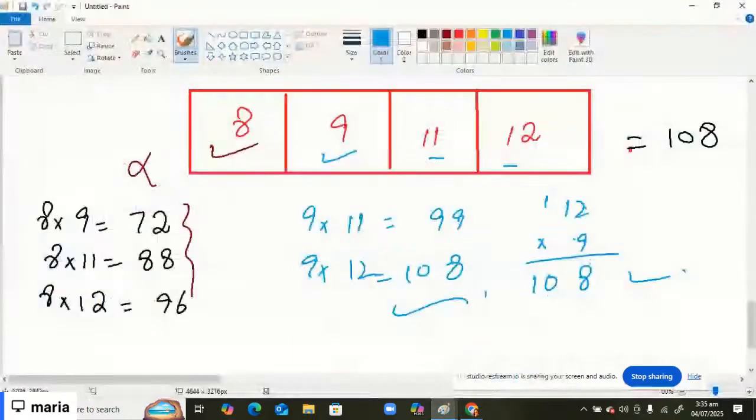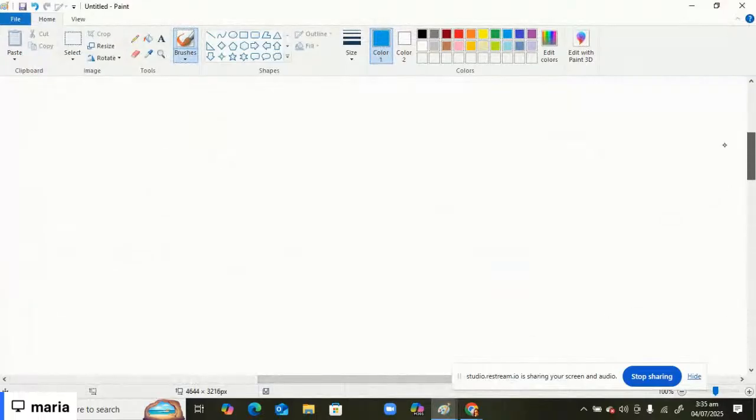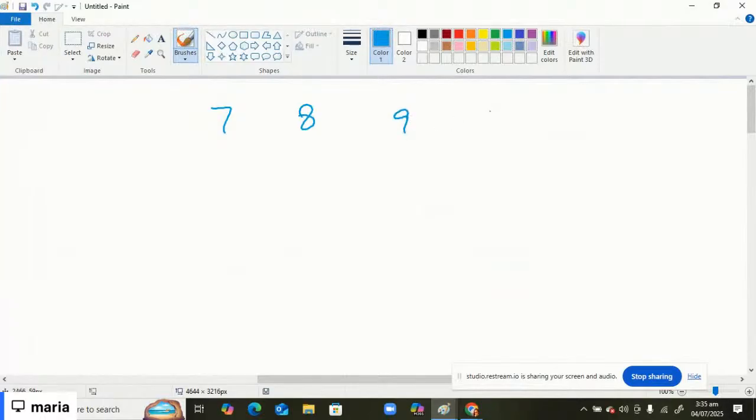Which two numbers multiply to give the answer 80? 7, 8, 9, and 10. These are four numbers. Simple, we are multiplying starting from the first and then multiplying one by one because we want to make only 80. Okay.